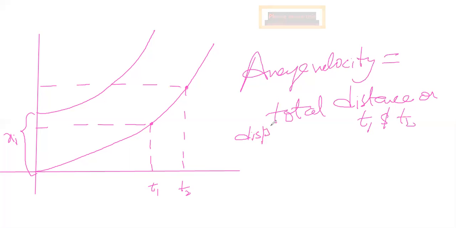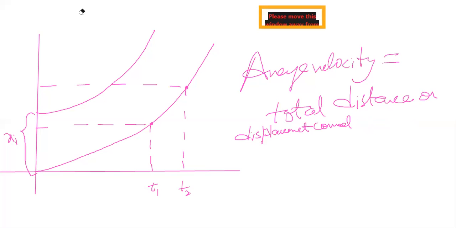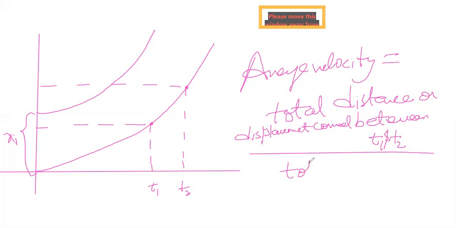Distance or displacement covered between the times T1 and T2, divided by total time interval between T1 and T2.